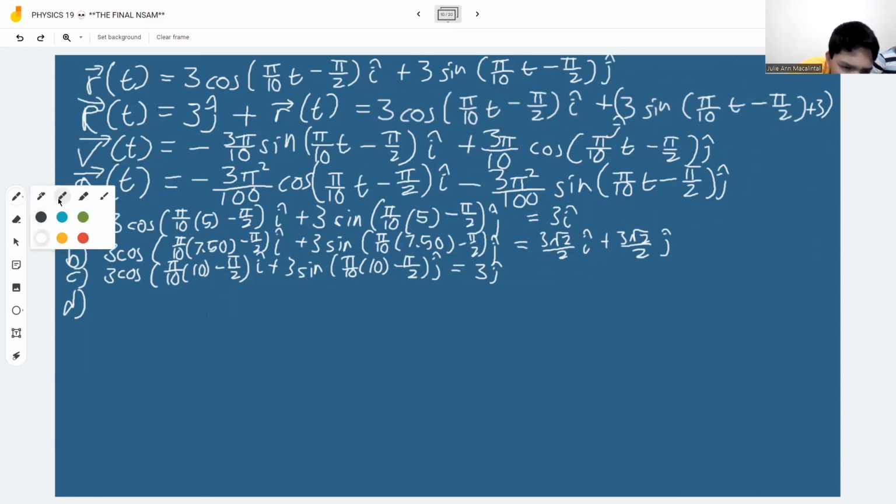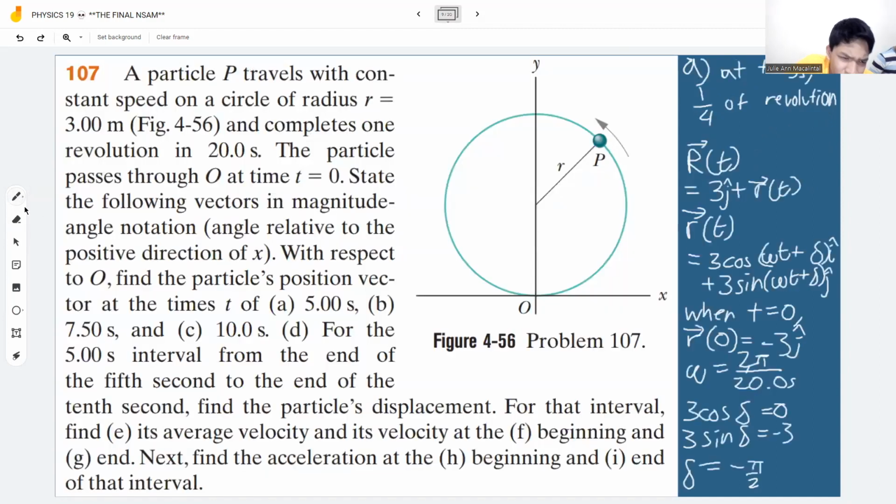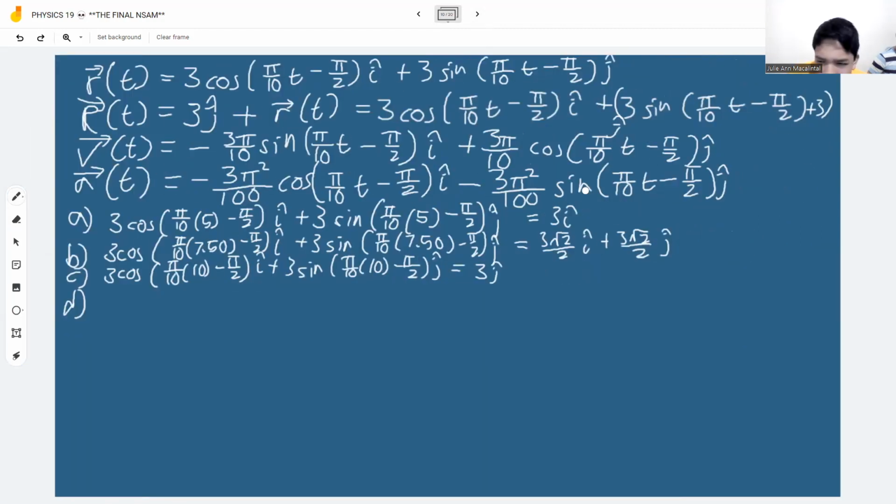Kasi tingnan mo, may plus 3 dito, di ba? Sa J. So imposible na maging on the x-axis yan except when at... so may plus 3.